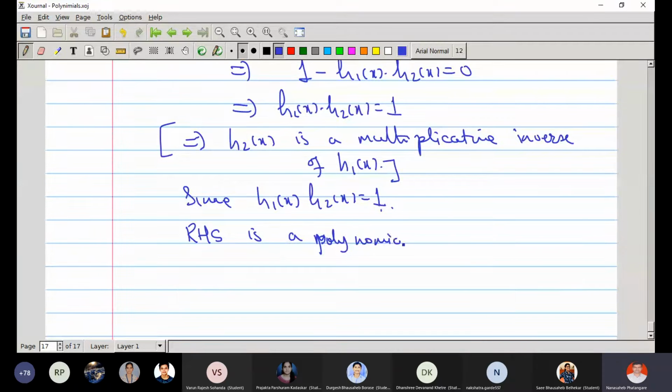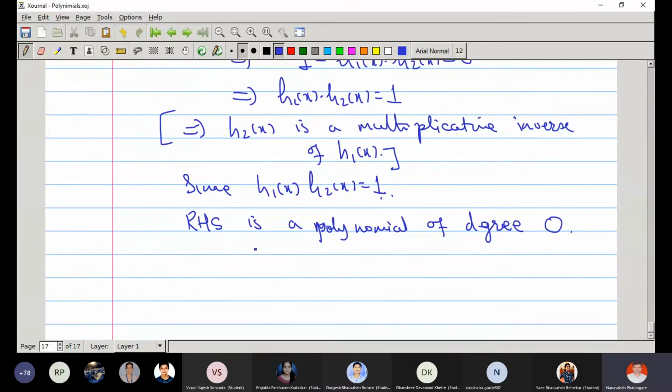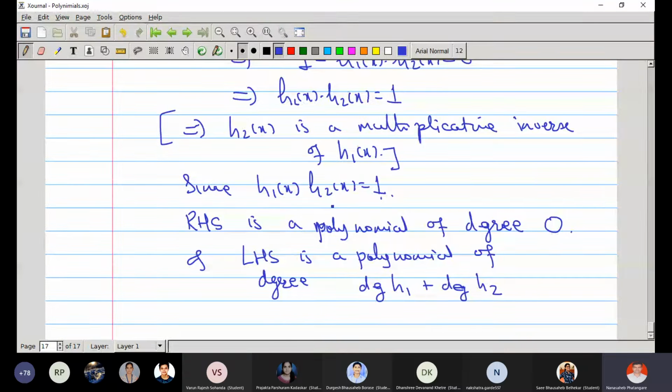And LHS is a polynomial of degree, what is the degree of LHS? Degree of h1 plus degree of h2, right? LHS is the product of two polynomials, and we know that the degree of a product is the sum of their degrees. Therefore degree of LHS is degree of h1 plus degree of h2, correct?